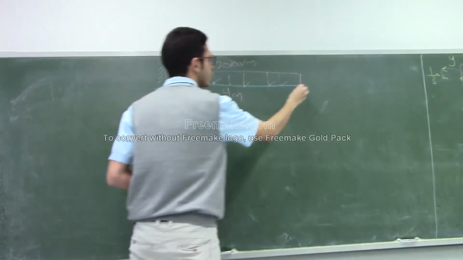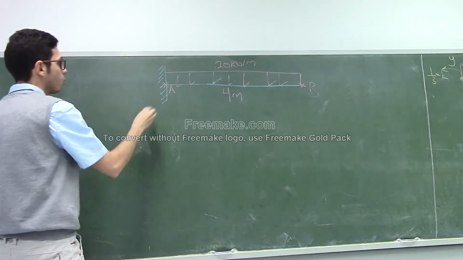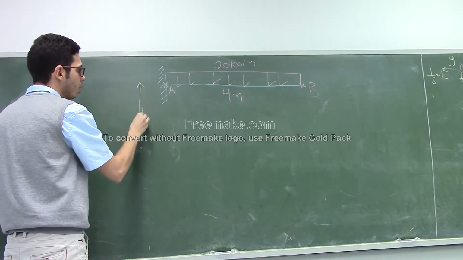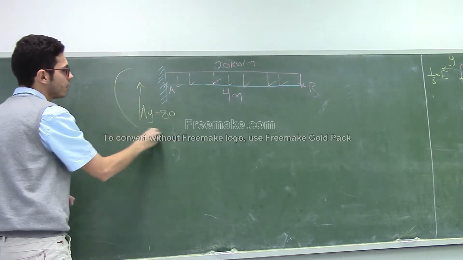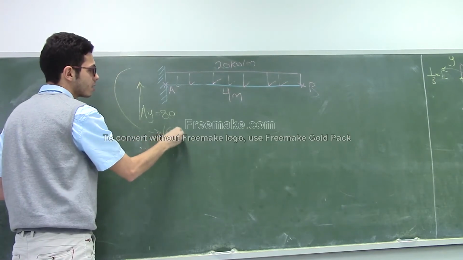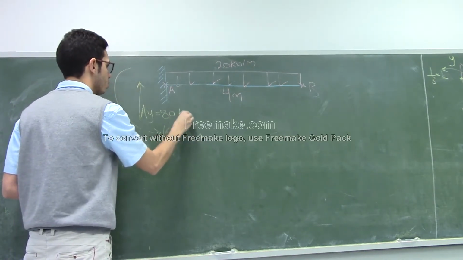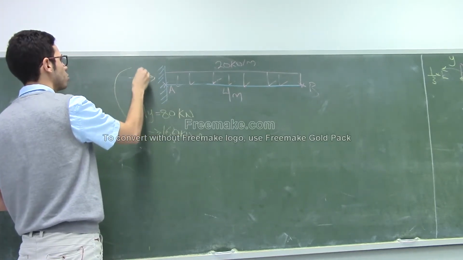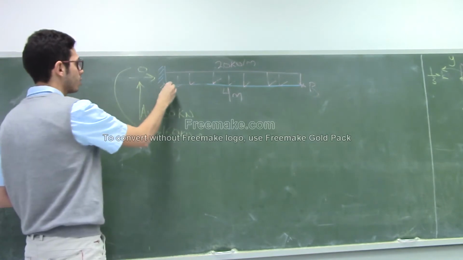Point A, point B. What were the reactions? AY was 80, and we have a moment here equal to 160 kilonewton meter. And AX is equal to 0. Okay, now let's start drawing.